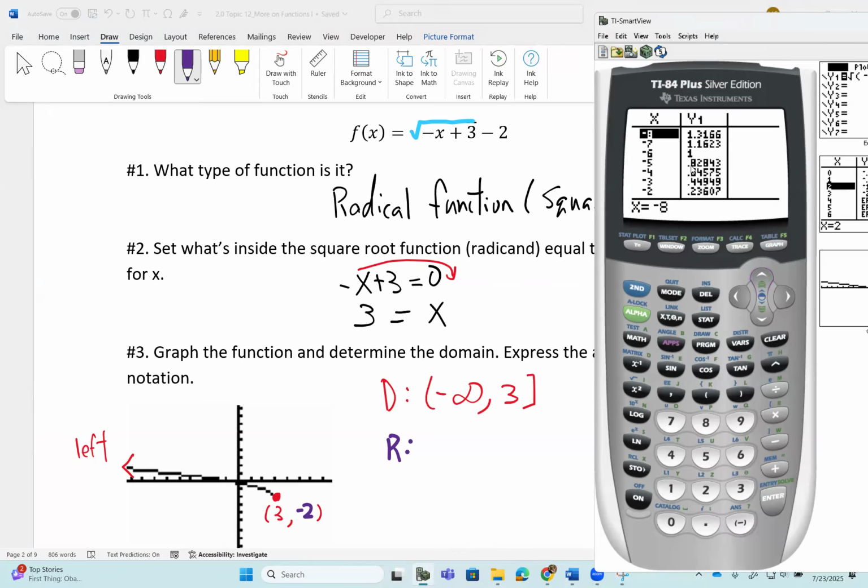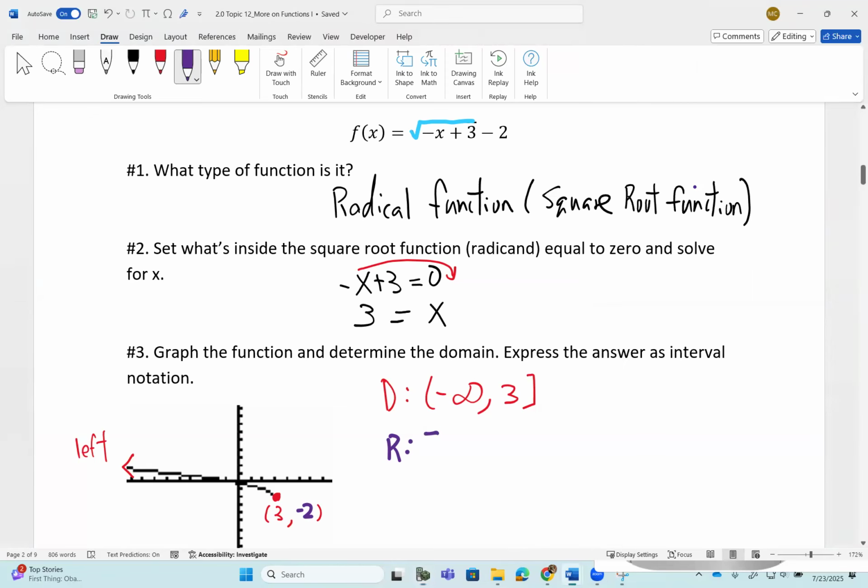So your range will start from negative 2 and keep on going up to infinity.